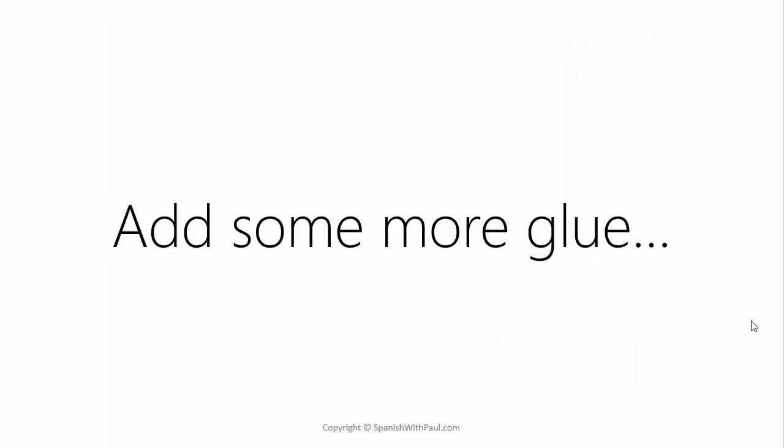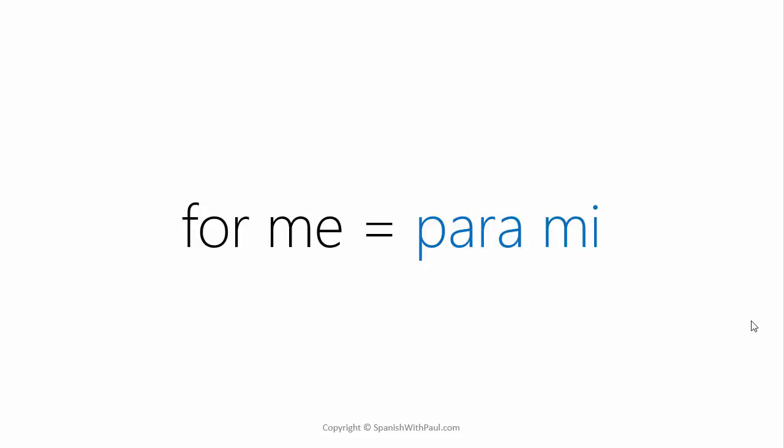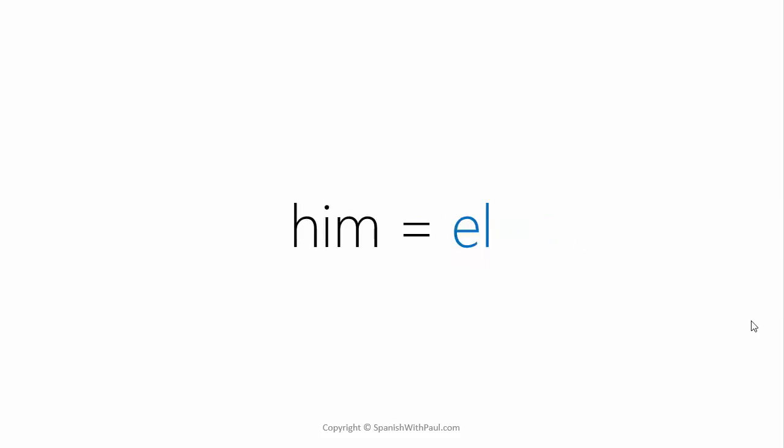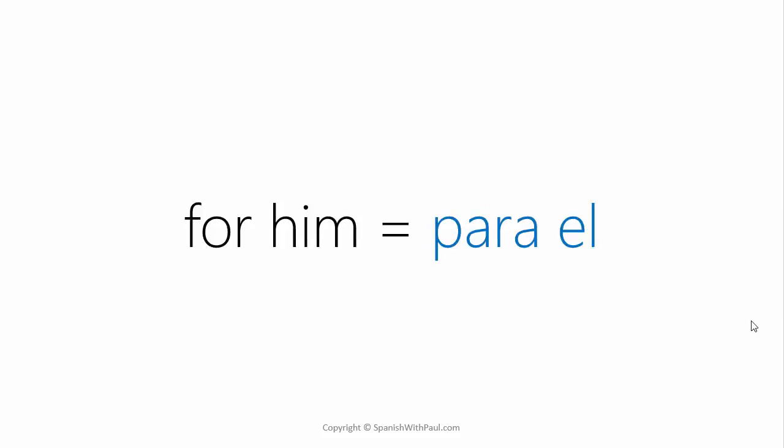Now it's time to add some more glue, and by that you know that I mean some more filler words so that we can start to make more and more phrases. Before we had this phrase of for me, which was para mí. The word for him in Spanish is él. So for him would be para él. How do you think you might say for her?